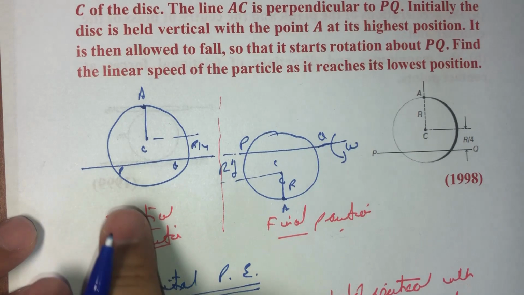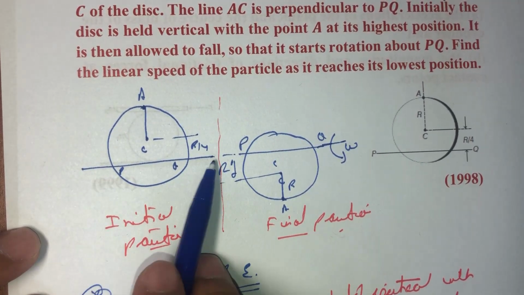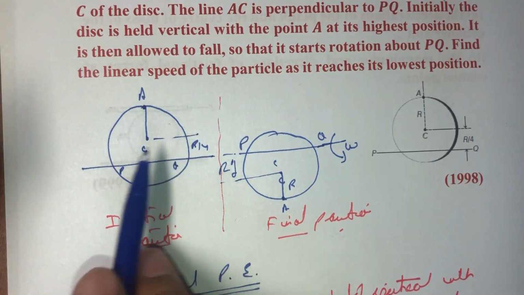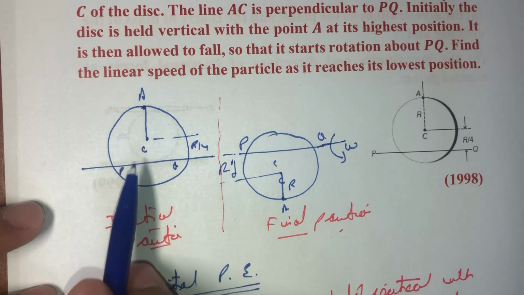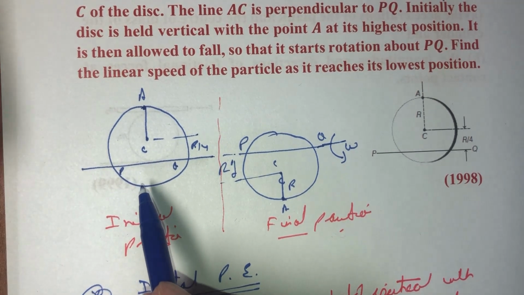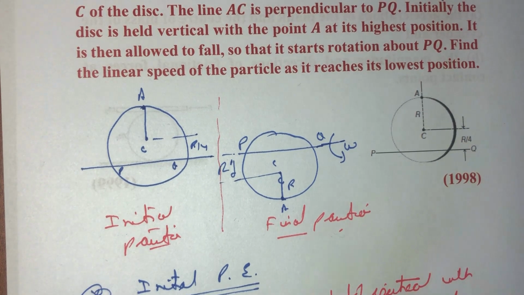So in this case, everything will be in reference to PQ. PQ will act as a base, and here the potential energy we can assume will be equal to 0, and with reference to it, the potential energy on the top side will be positive and the bottom side will be negative.